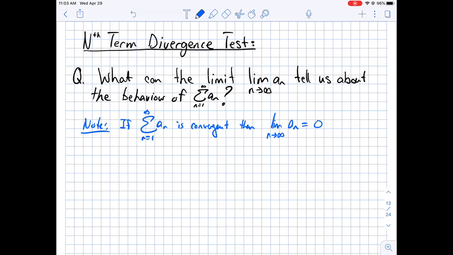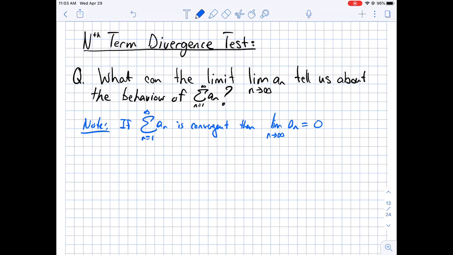In other words, in order for this series to actually just get infinitely close to some number, in order for it to not increase without bound, it must be that the terms being added up get infinitely small as n goes to infinity. In other words, if these terms here don't get infinitely small, then there's no way for this series to be convergent.